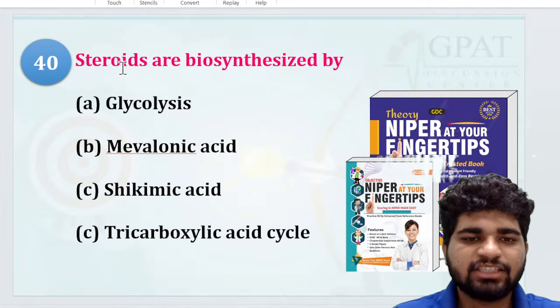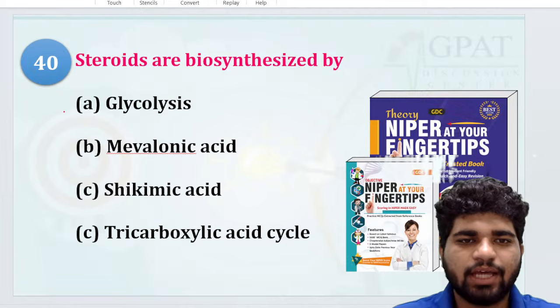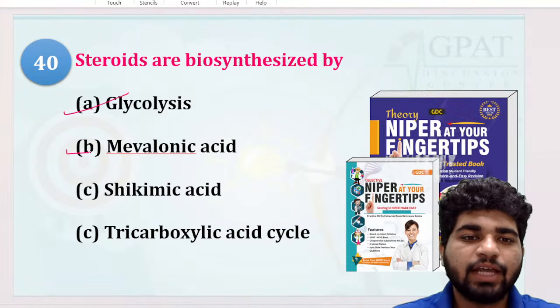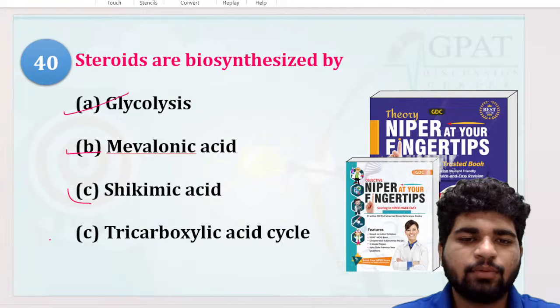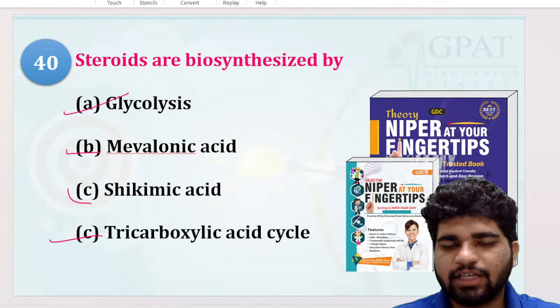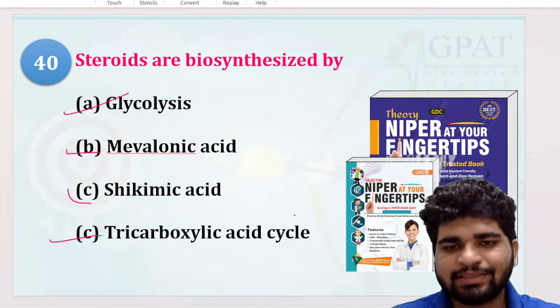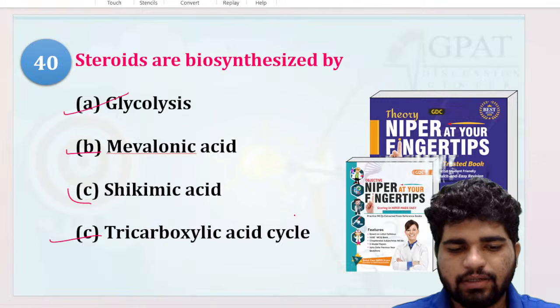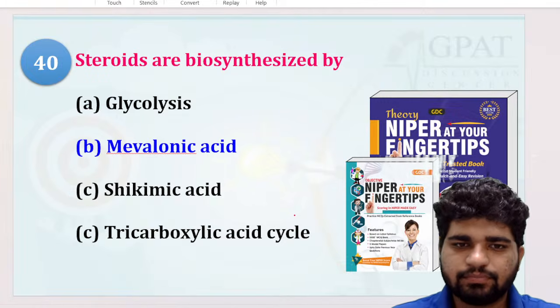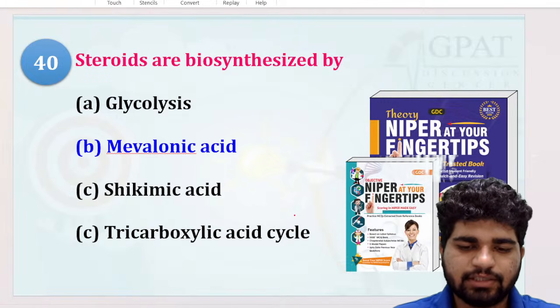Steroids are biosynthesized by which one? Is it glycolysis, mevalonic acid, or tricarboxylic acid cycle? Steroids are biosynthesized by glycolysis, mevalonic acid, or the tricarboxylic acid cycle. Is it mevalonic acid, right?